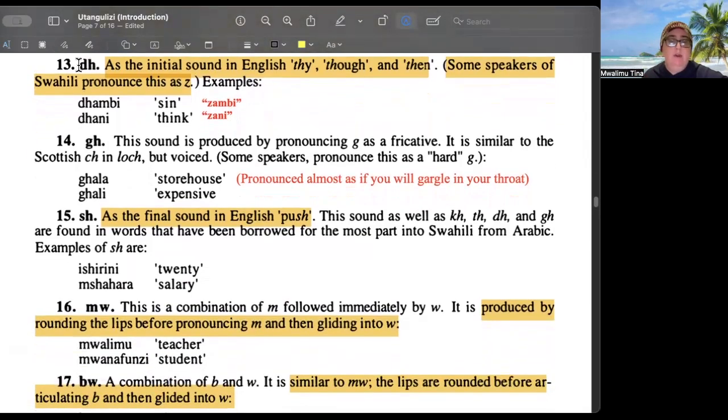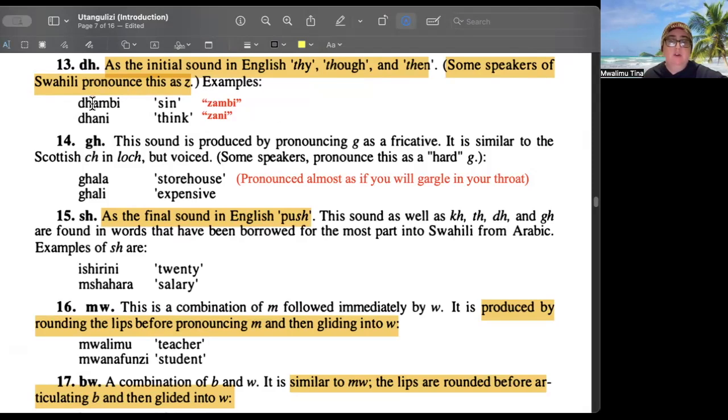Next, we have the DH combination. It is like the TH that is voiced in English. For example, thy, though, then. So it is a voiced sound. Dhambi, dhani.